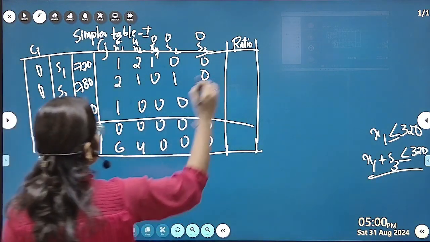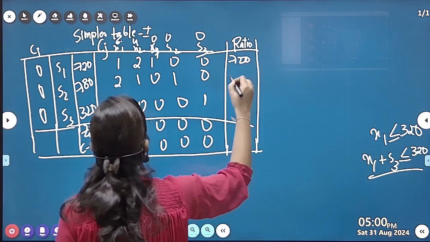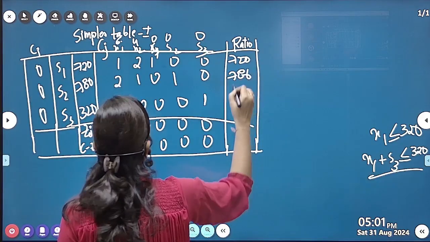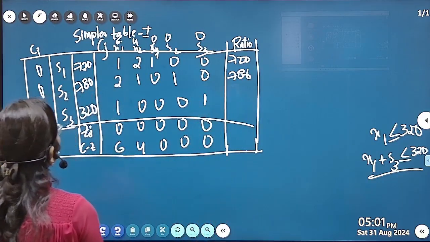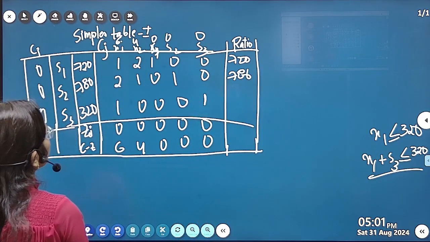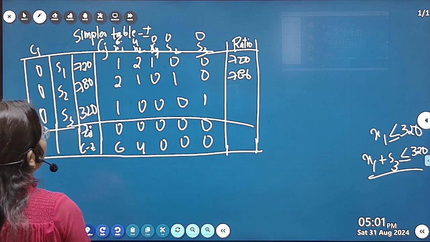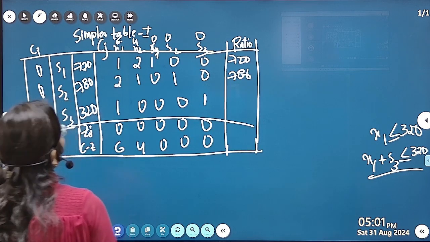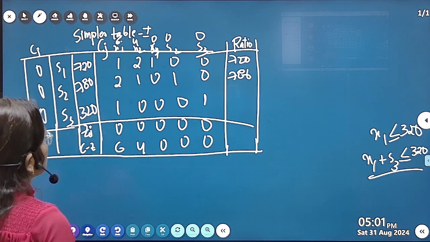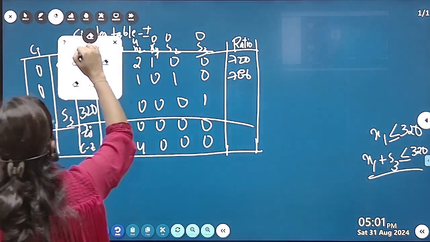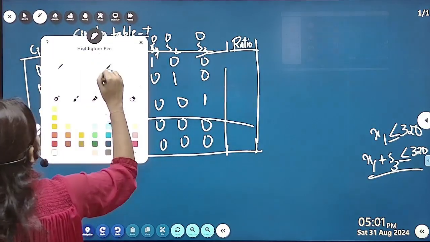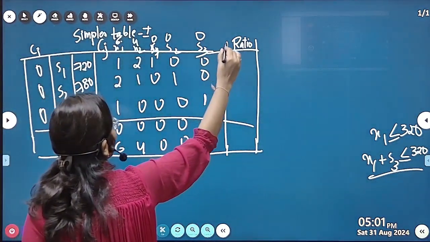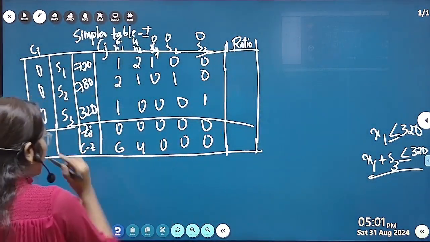So what's the ratio here? 720, 780 and... Wait, here one point I have forgotten to tell you. So this is the value, right?